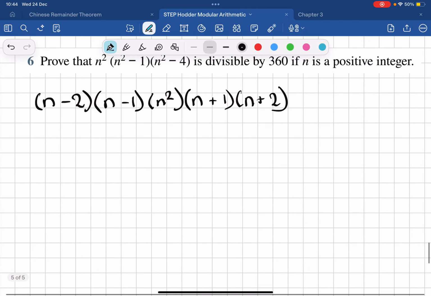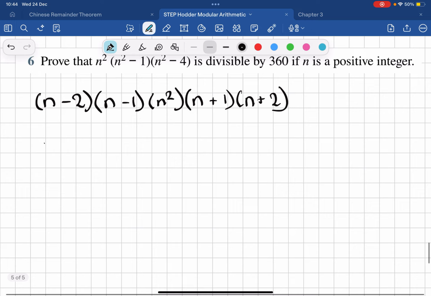And we know for any 5 consecutive integers we'll have a multiple of 1, 2, 3, 4, and 5, no matter what the numbers are.